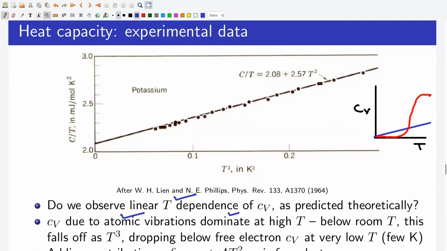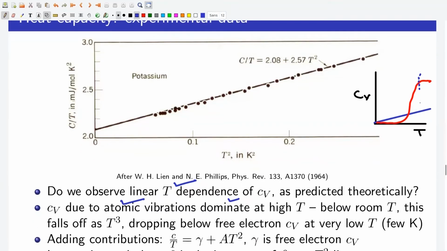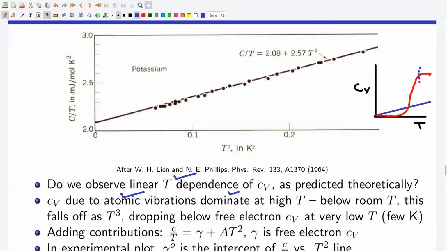This is approximately the room temperature, and you see that at room temperature, the CV because of this atomic vibration is dominating. But as you go to lower temperature, this CV falls off as T cube, as you go to some temperature which is below room temperature.